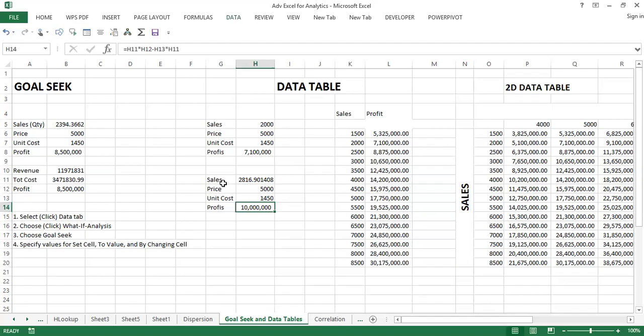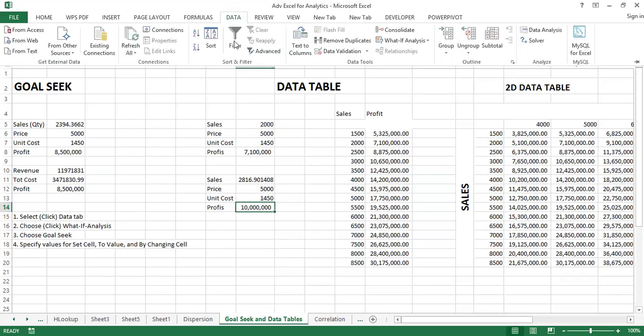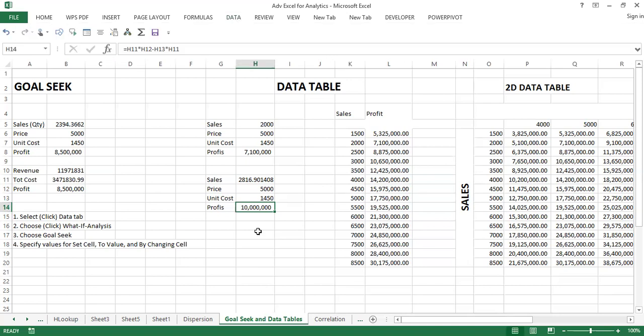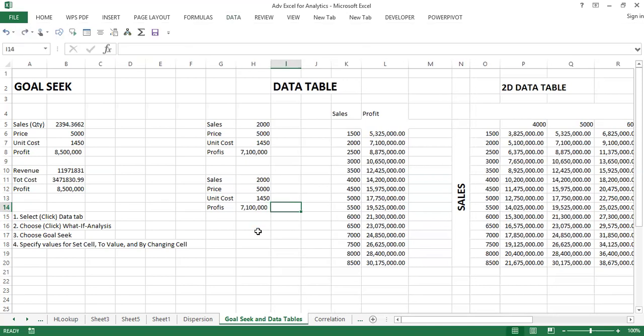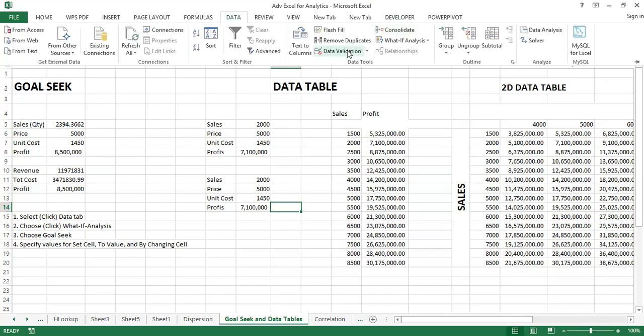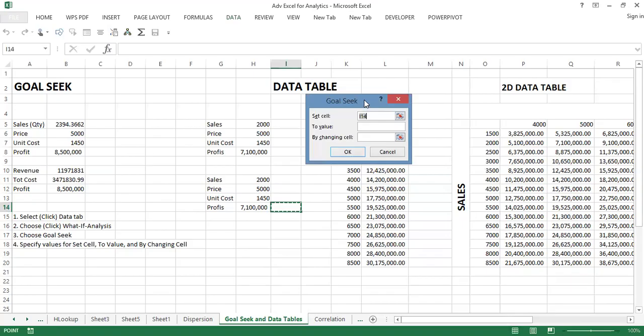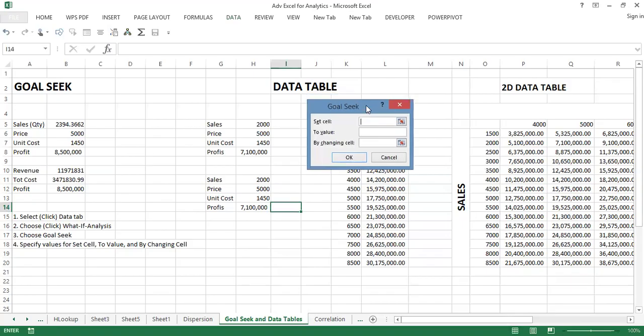Do you have your data now? Yes, I do now. Okay, just follow me now. So I've undone it. I go to data tab, click on what-if analysis, click on Goal Seek. Are you here now? You can delete whatever is there.